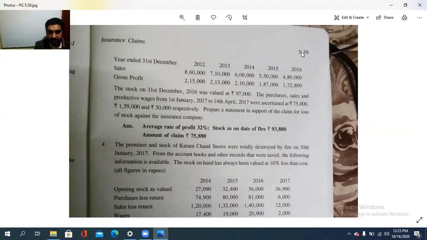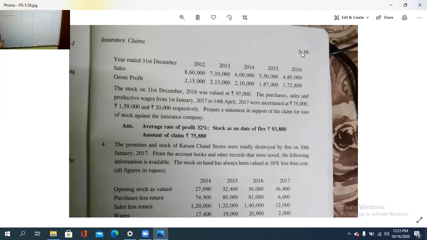So we need to prepare firstly the memorandum trading account, isn't it? So we need to calculate the memorandum trading account. To opening stock. Gross profit is directly given in the question.